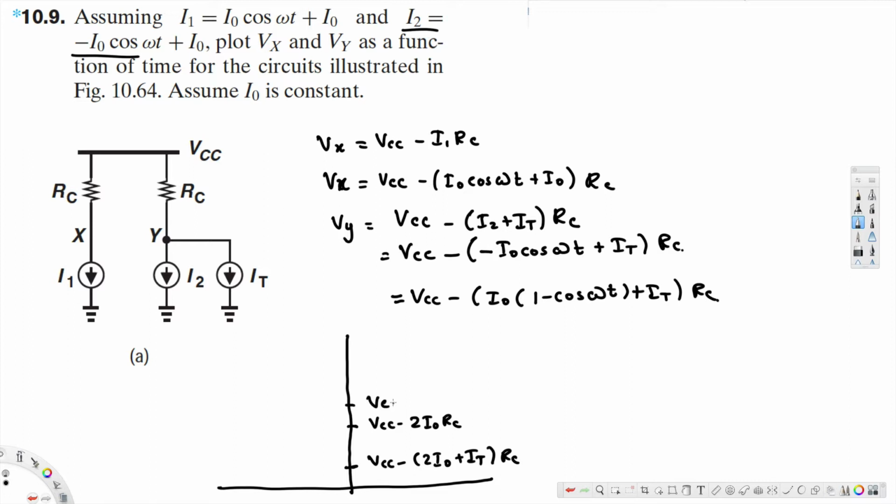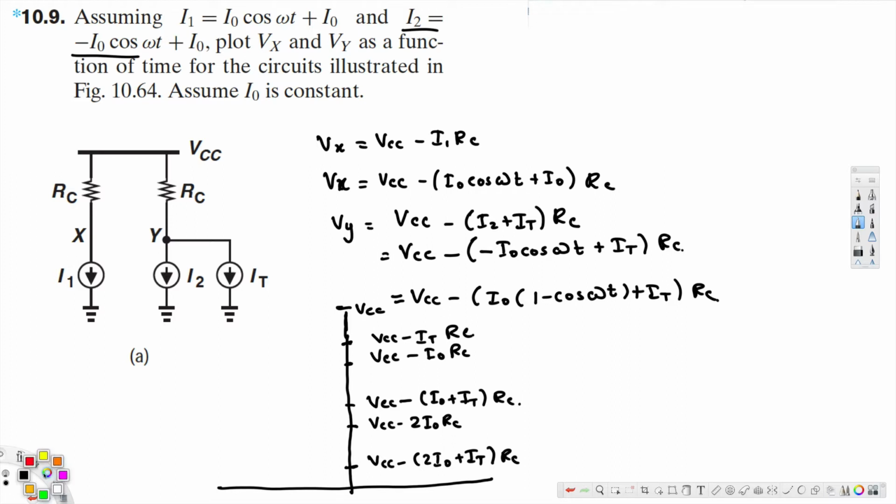Then we have Vcc minus I naught plus IT times Rc, and then this is Vcc minus I naught times Rc, and here we have Vcc minus IT times Rc, and here at the end we will have Vcc.